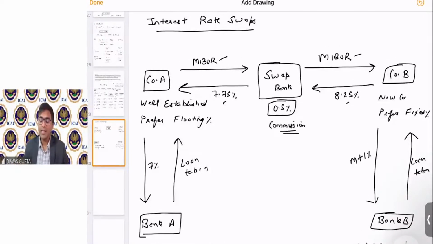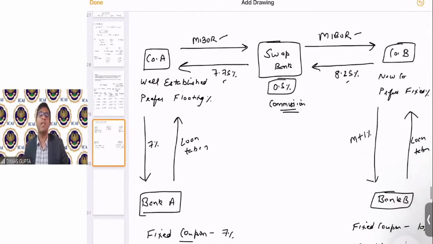Now, some of you will be thinking how this 7.75 has arrived, how this 8.25 has arrived, why there is a 0.5 percentage that I have kept. I will tell you. I will now take you through the calculations of how this swap has been designed by the swap bank. First of all, we just wanted to understand the basics: what is meant by swap.